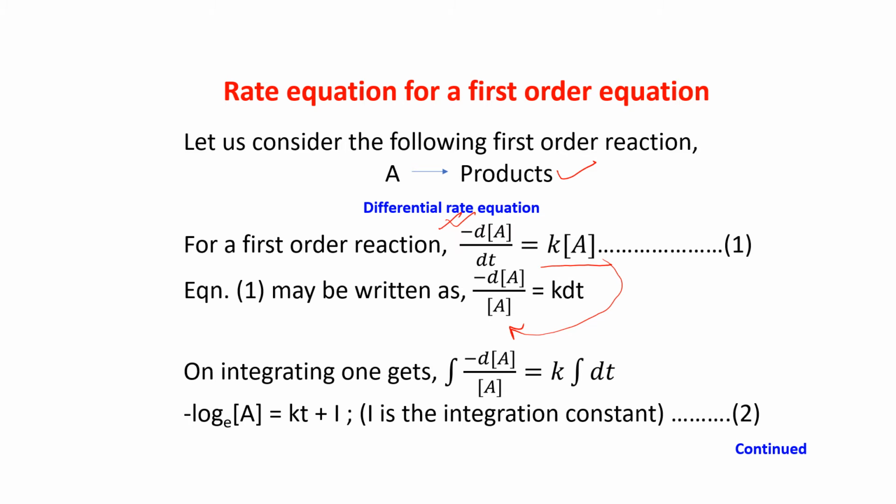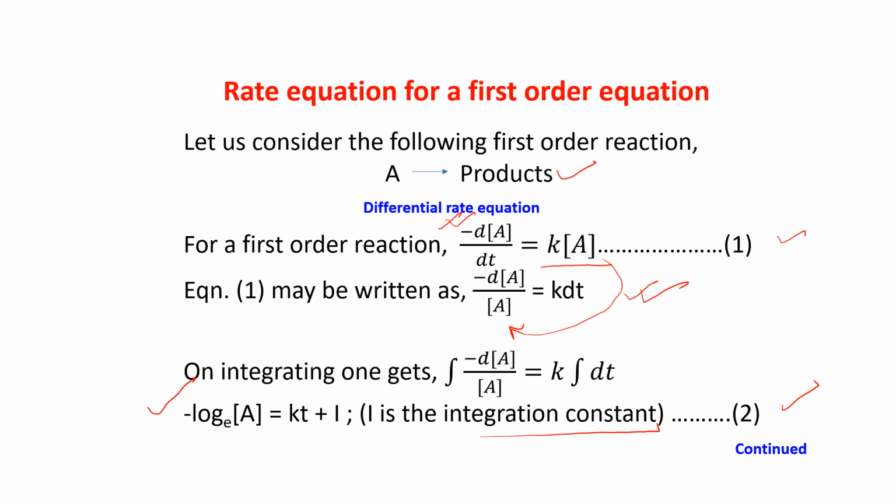On integrating this equation, we get the integral of minus dA by A is equal to K times the integral of dt. So we get minus log e A is equal to kt plus I, where I is the integration constant. This is my equation 2.